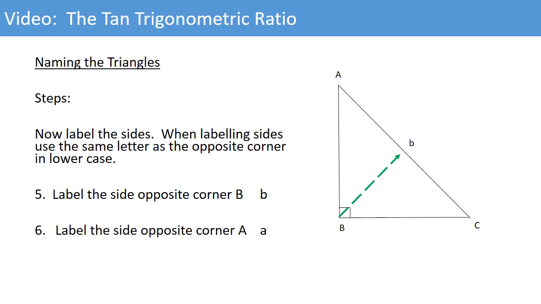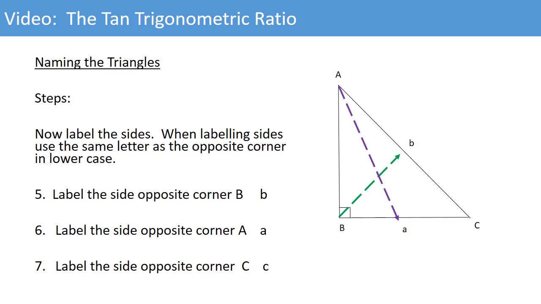Now, label the side opposite corner A, little a. Draw the arrow across and label it a. And finally, label the side opposite corner C, little c. Draw the arrow across, label it little c.